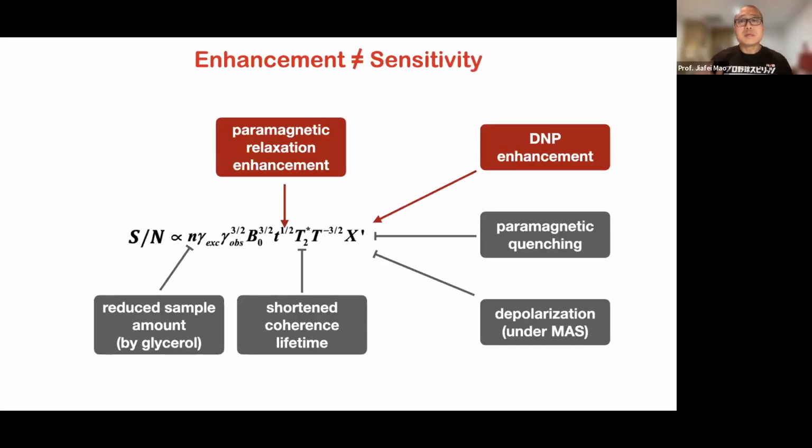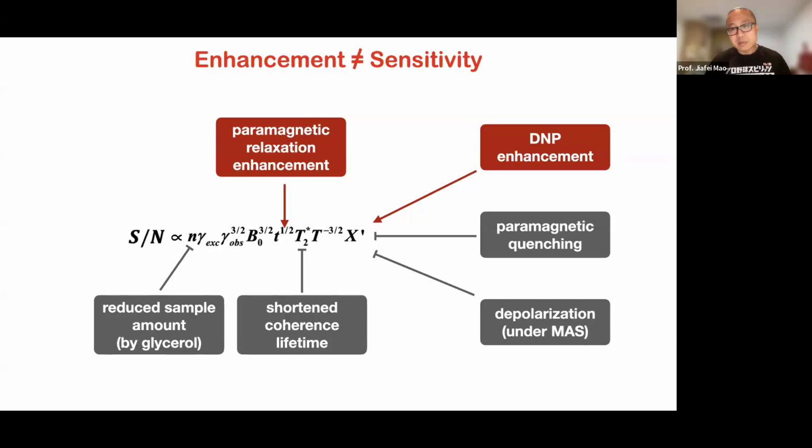So we mentioned a bit the different recipes and talked about using different glycerol concentrations, and which enhancement you can get. But in your sample optimization, enhancement is not the only factor you would consider, because enhancement is not everything for the sensitivity. So of course we want better DNP enhancement, then the sensitivity hopefully will be better. If you add a radical, you also get some help from paramagnetic relaxation enhancement, so you can acquire the data faster, let's say.